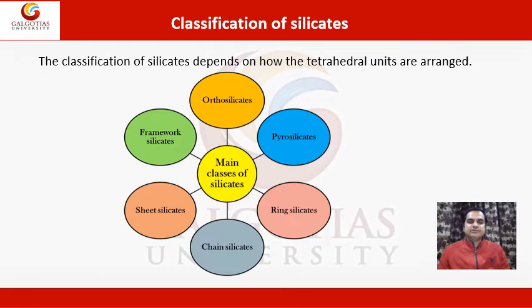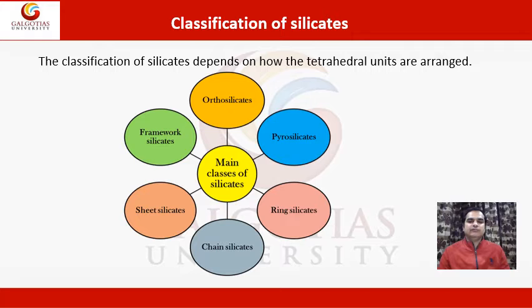Now let us discuss the classification of silicates, how we can classify silicates into different categories on the basis of the arrangement of silicate units, that is, the tetrahedral units. The classification depends on how the tetrahedral units are arranged in the silicate molecules.